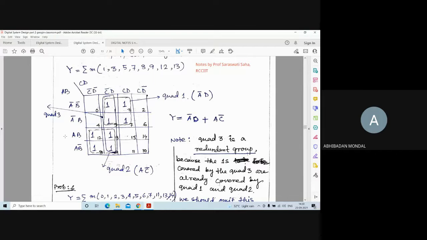Yes, ma'am. Then see the min term positions: 0, 1, 2, 3, 4, 5, 6, 7. Then skip this row. 8, 9, 10, 11, 12, 13, 14, 15. Clear? Yes, ma'am.